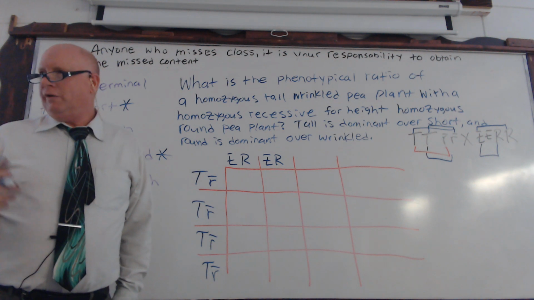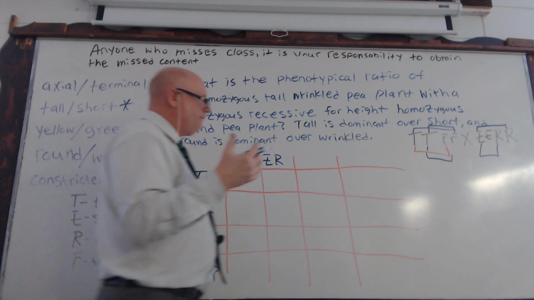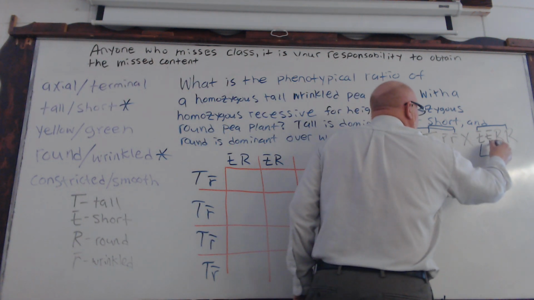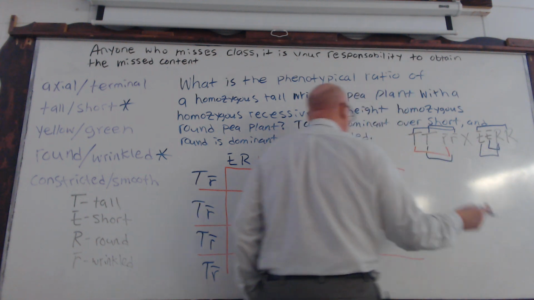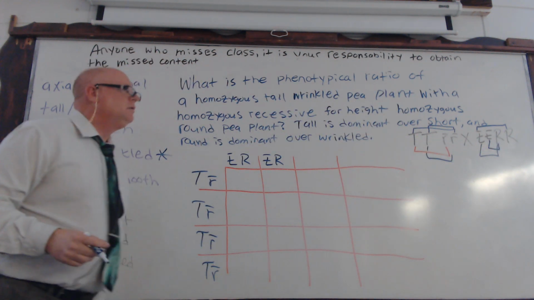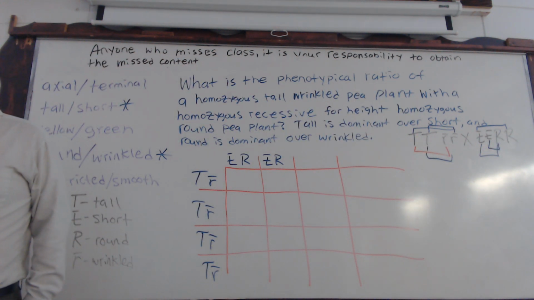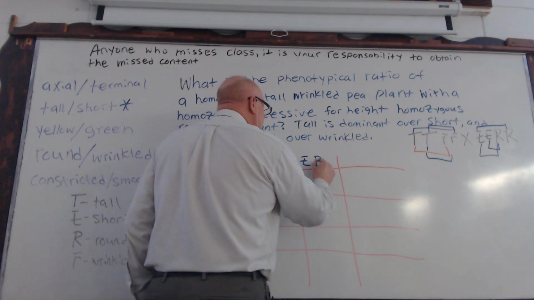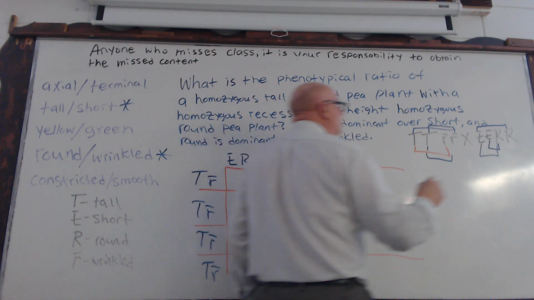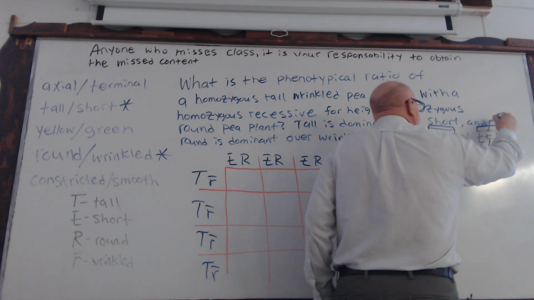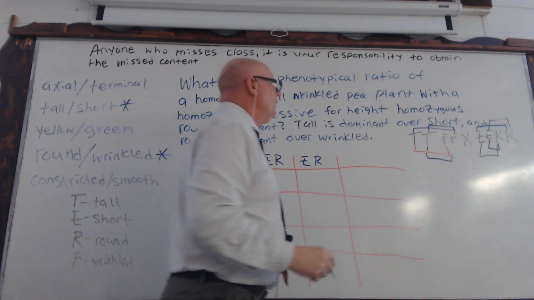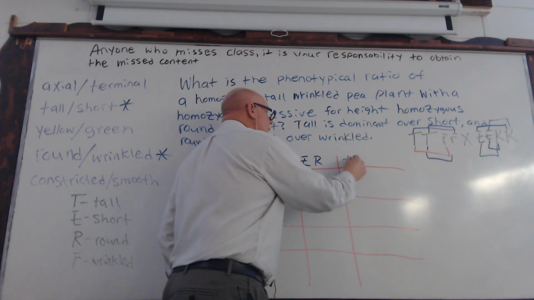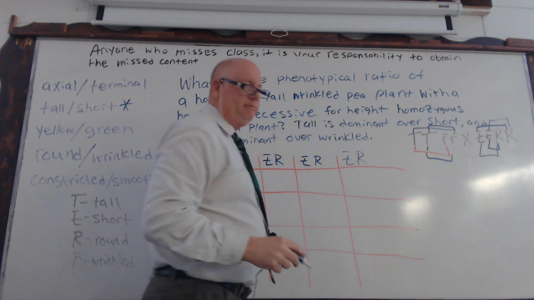Then we do the inside, right? That would be this one and this one. Lowercase t and capital R. And then we do our last one. Lowercase t and capital R. Okay?